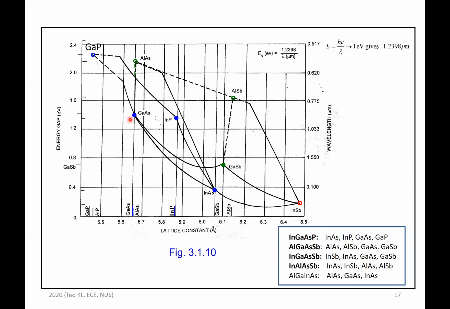These are the points of the binary semiconductors. Basically, your gallium phosphide will have a band gap value of around 2.3 eV, or you have gallium arsenide of 1.43 eV.